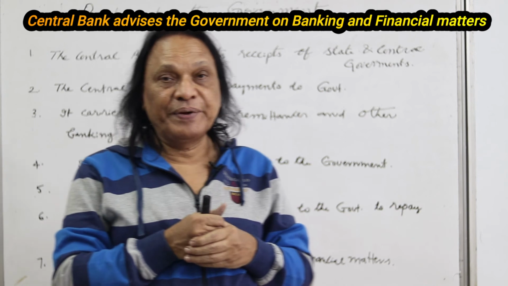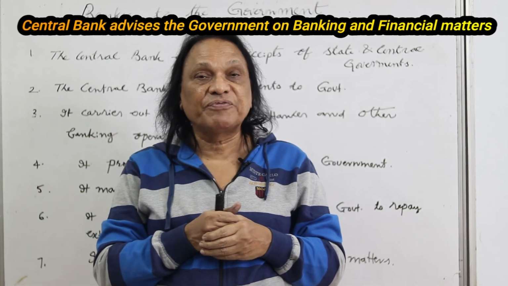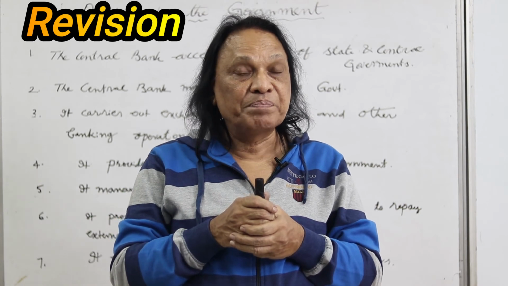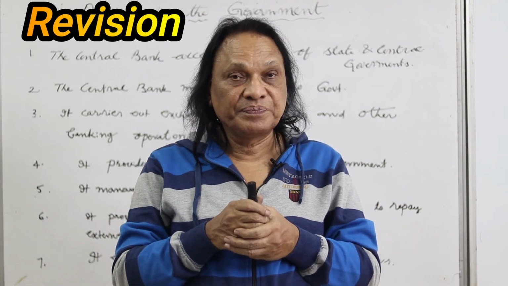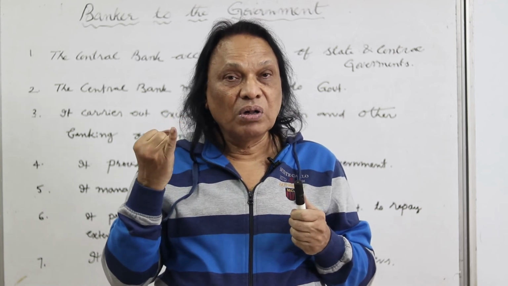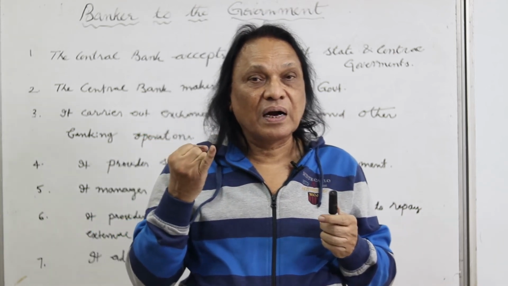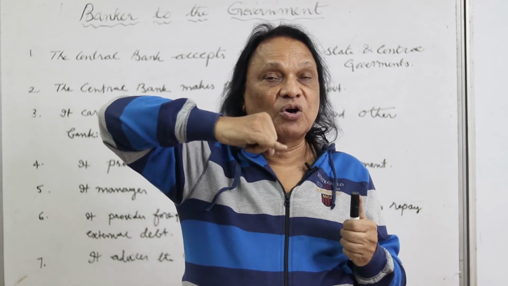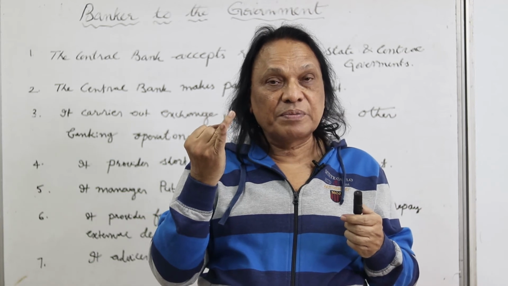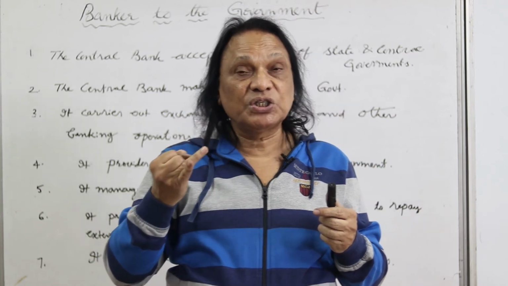So once again I repeat, the second important function of the central bank is banker to the government. The central bank maintains all the banking accounts of the central government as well as the state governments. The second point, the central bank maintains all the receipts of the government.